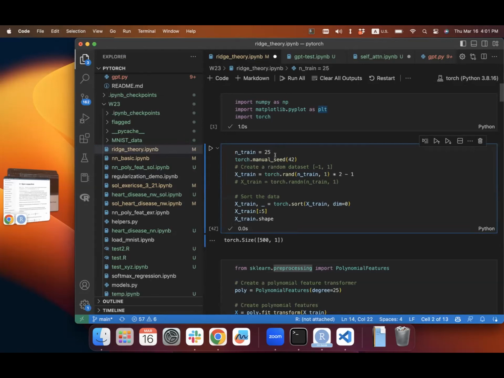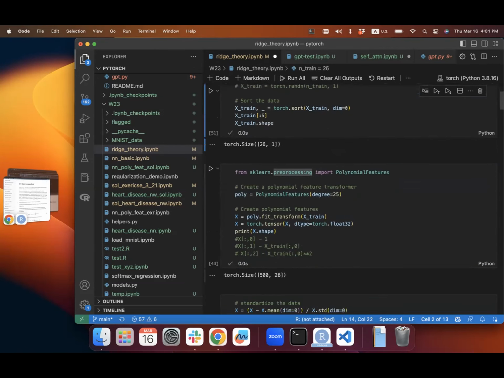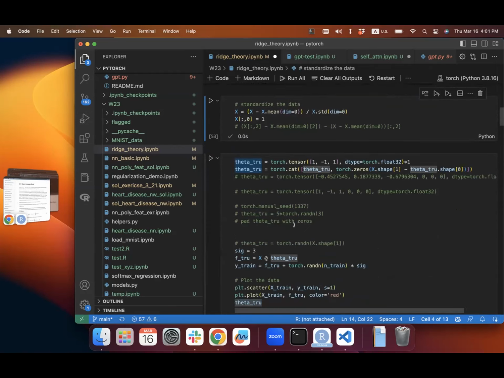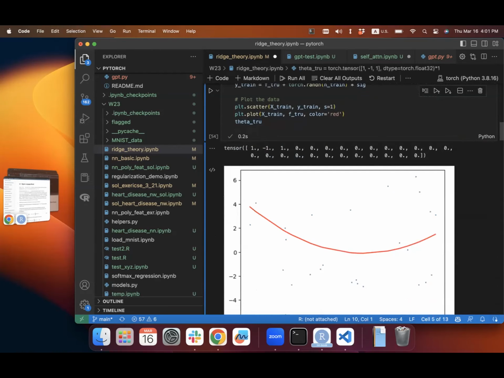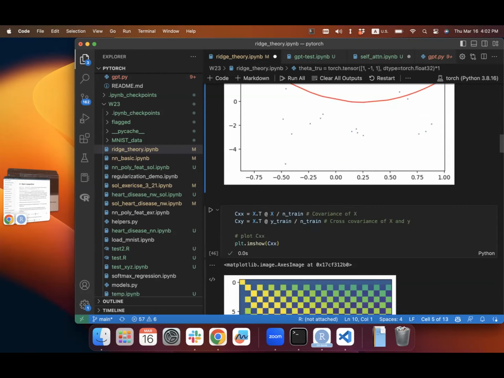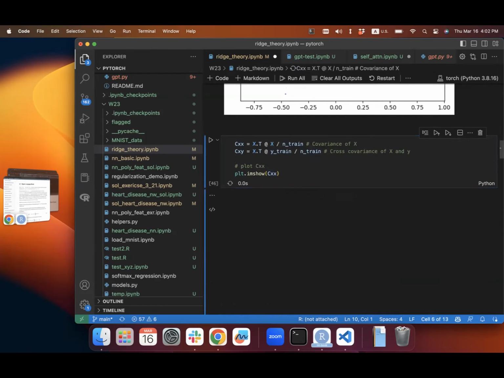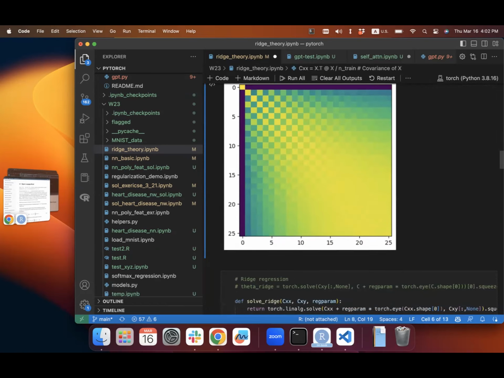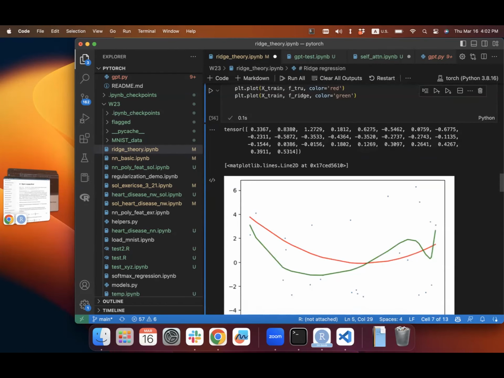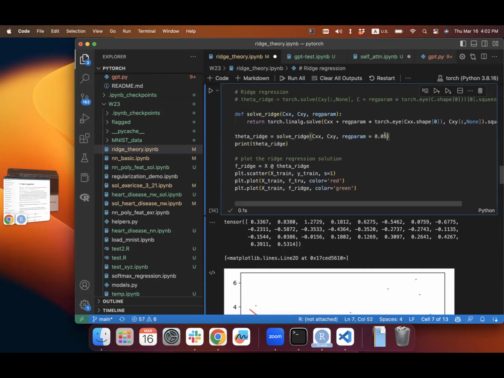Like 25, 26, let's say. It may not be invertible. Okay, that's the true function, with a little bit of data points. This is okay with a little regularization.